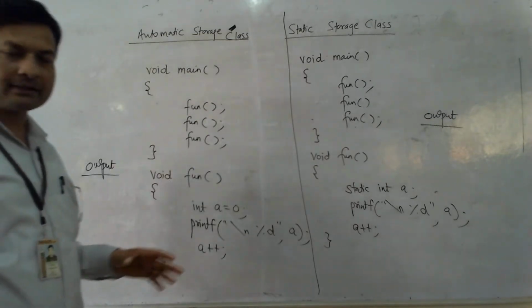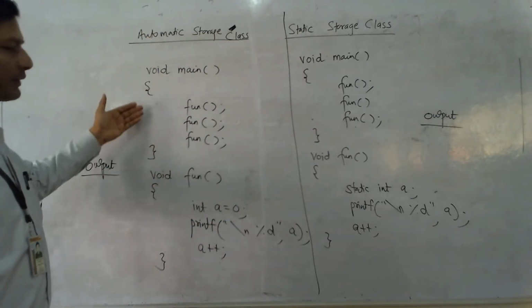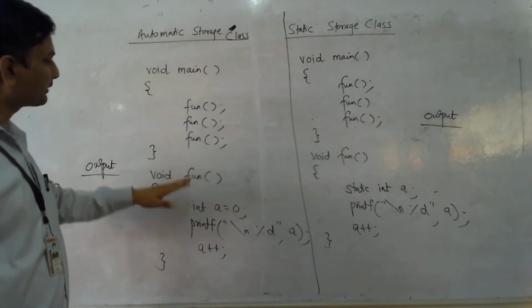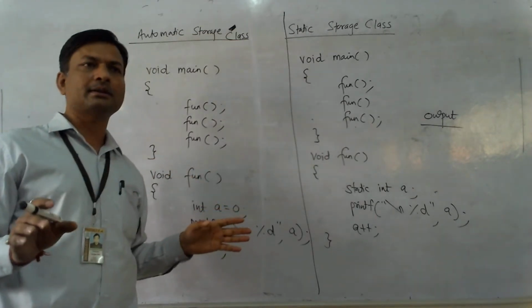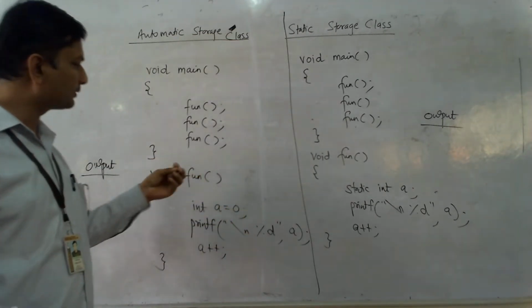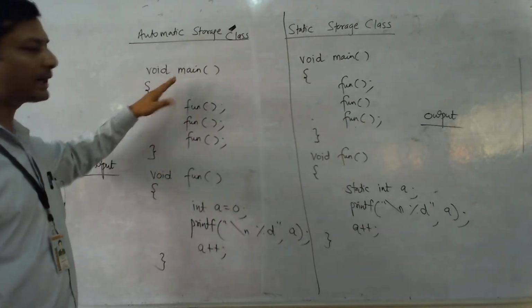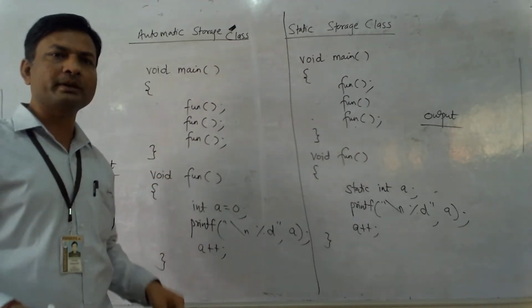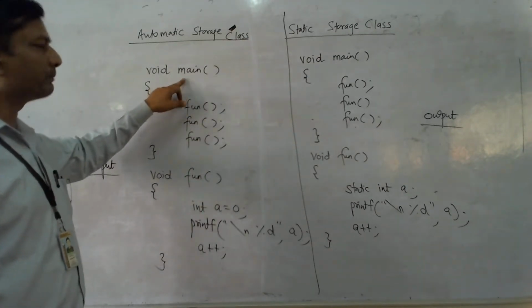So let me explain these examples first. In this example, there are two functions. The name of the first function is main and the name of the second function is fun. A program can have many functions. We can have any number of functions in a program, but the names of all the functions should be different and the name of one function must be main.